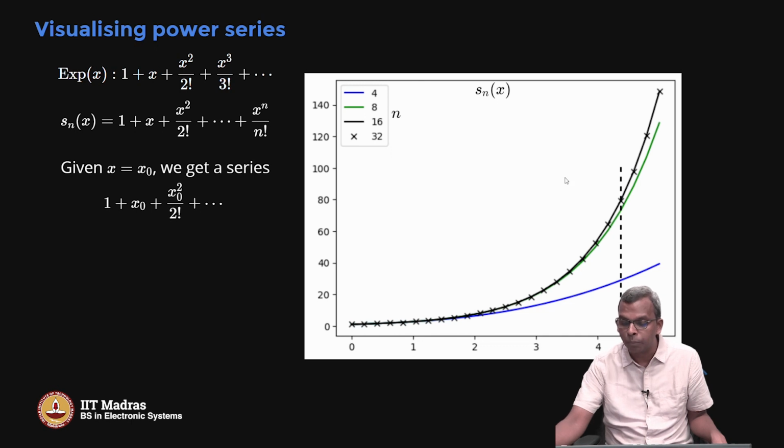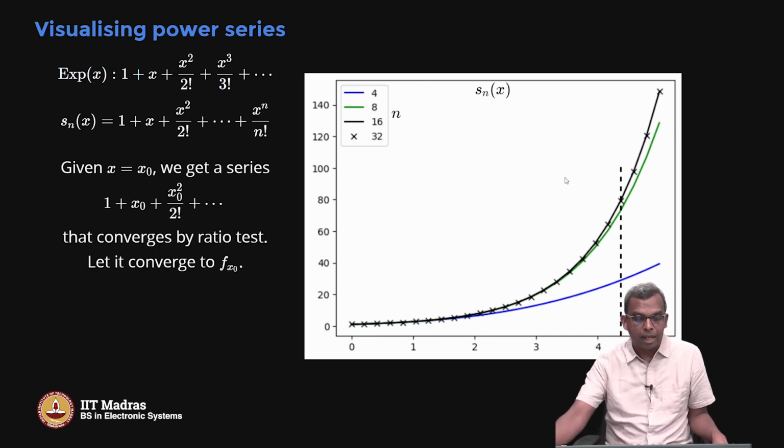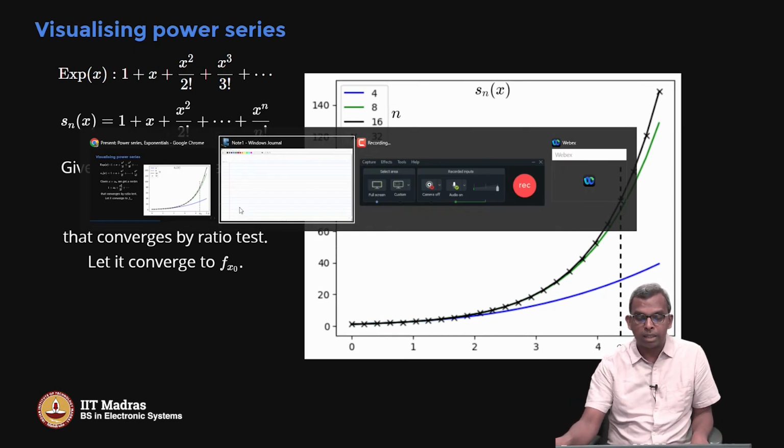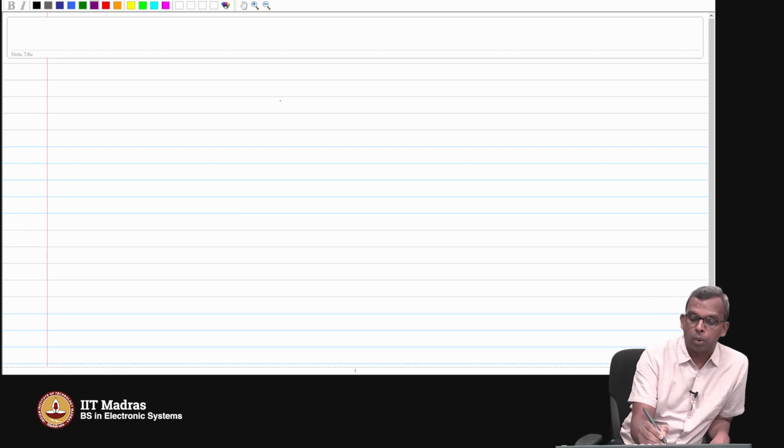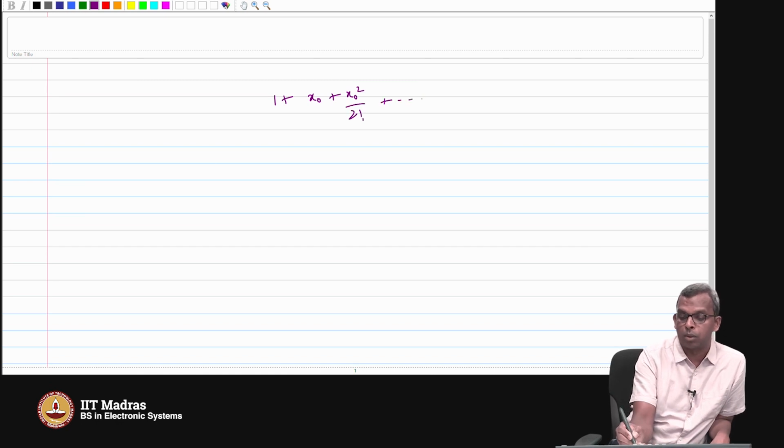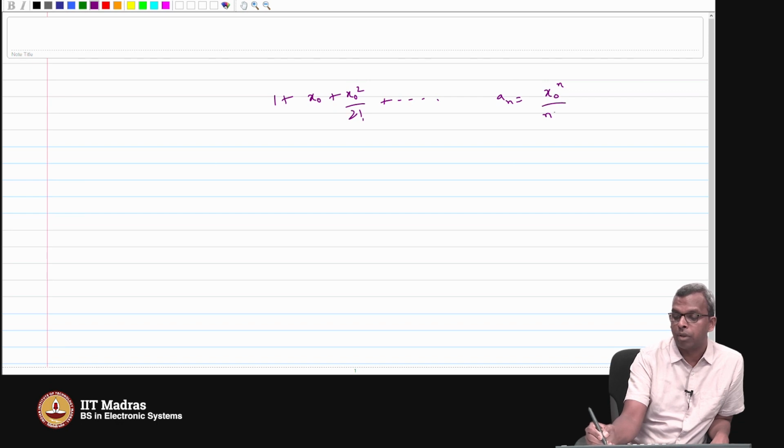So for each x naught, you get a particular series, and that converges by the ratio test, right? What do we mean by that? What is the ratio test here? The series 1 plus x naught squared by 2 factorial plus so on has a_n equals x naught power n by n factorial.